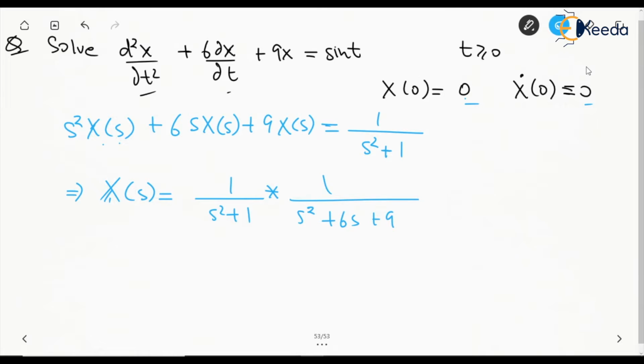This is actually s plus 3 whole square. So we can also write it as 1 by s square plus 1 into s plus 3 square.